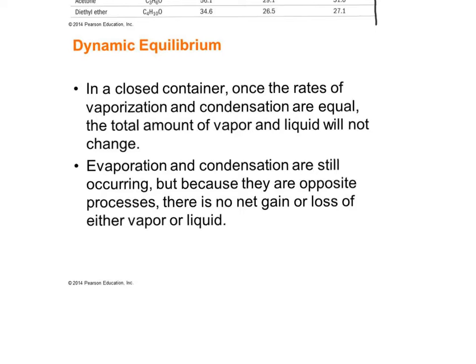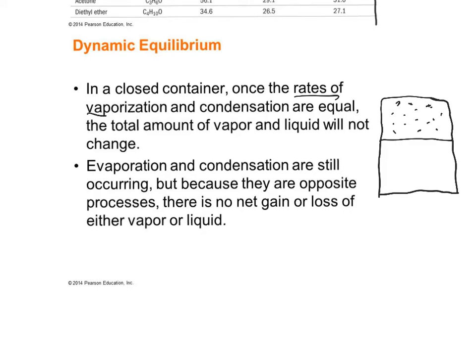When that happens, there is a fixed amount of vapor particles, and that stays constant when the rates of vaporization and condensation are equal.